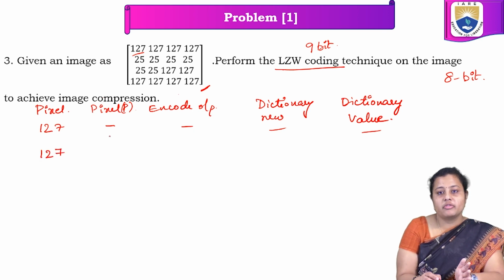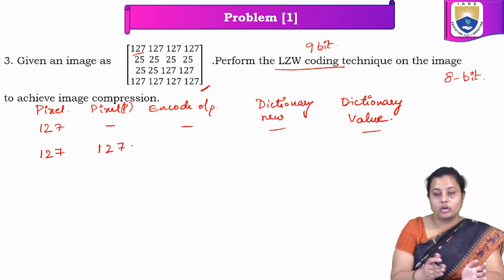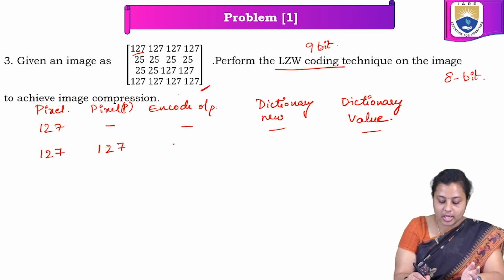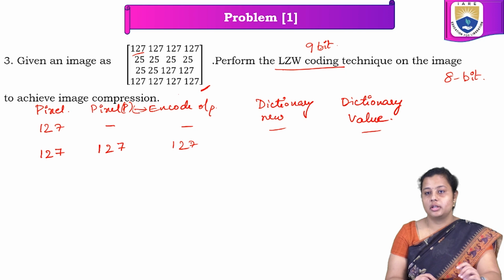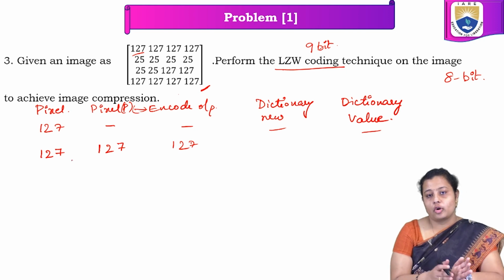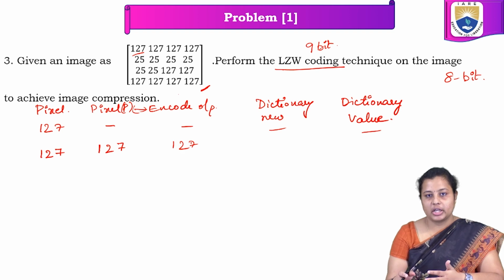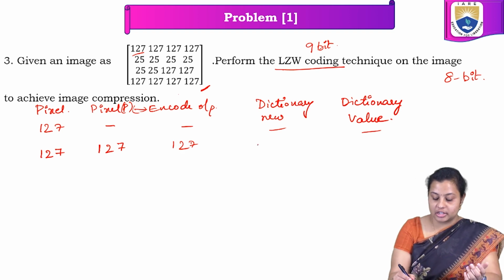What is your previous pixel which we have not coded? It is equal to 127. Now what will be your coded output? It will be 127, which is your previous pixel. Now, do we have this combination of 127 hyphen 127? No. So we can add it as a new dictionary entry, right?